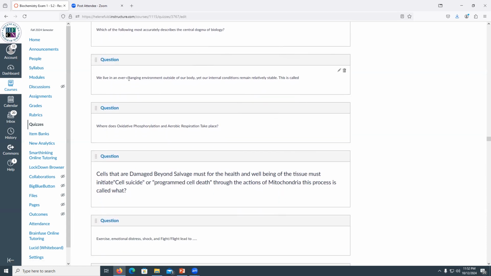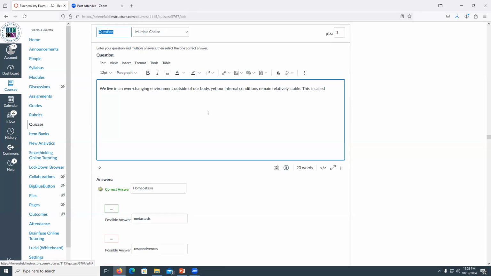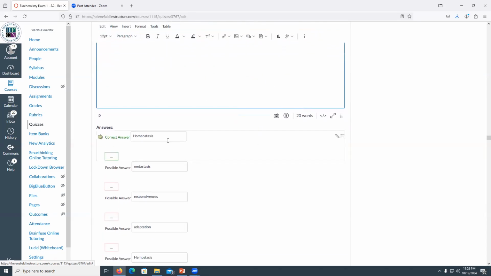We live in an ever changing environment outside of our body, yet our internal conditions remain relatively stable. This is called homeostasis. Homeo means the same. Stasis means constant, which means staying constant by staying the same.